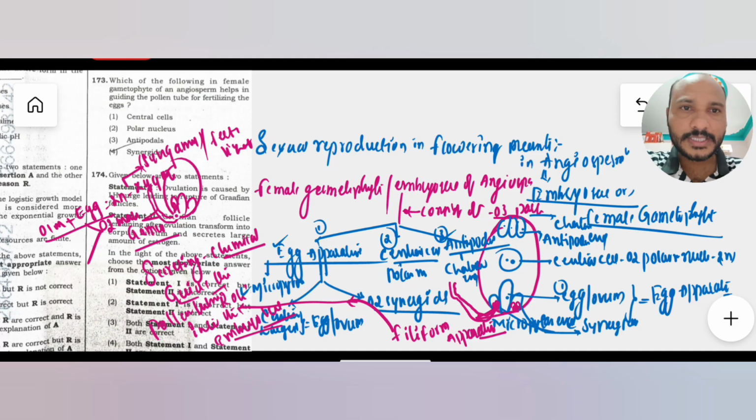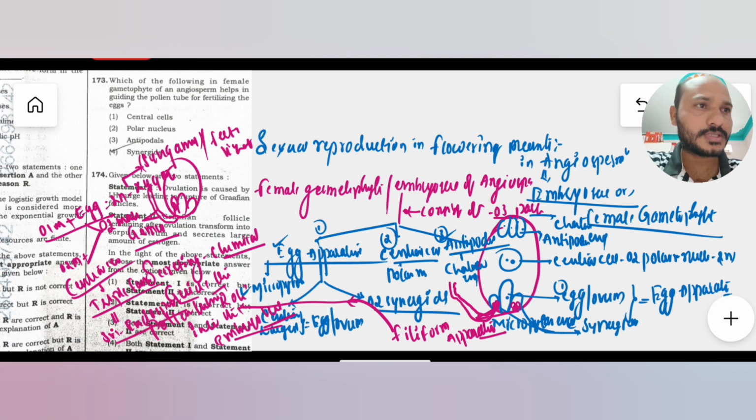And what about the second male gamete? The second male gamete fuses with the central cell by the triple fusion process. Then it results in the formation of 3n endosperm. The 3n triploid endosperm will form by triple fusion.